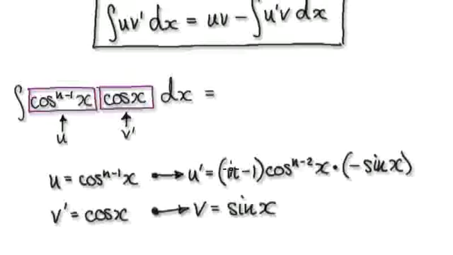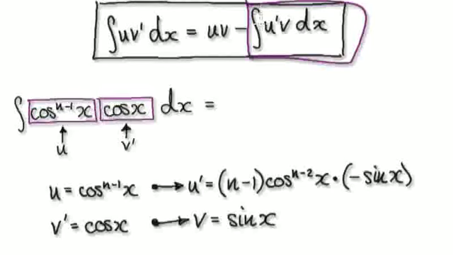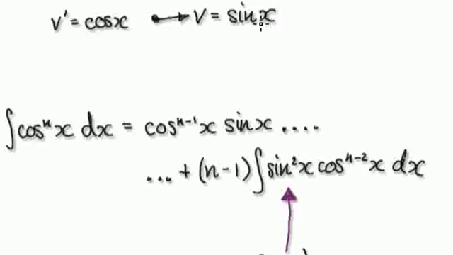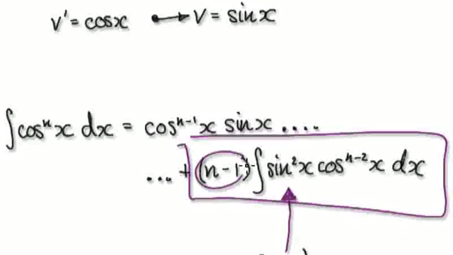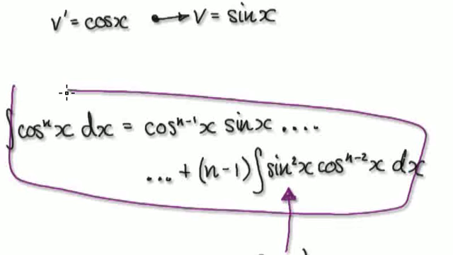If you substitute, looking at this whole thing here, it will become this. Don't forget earlier this was in here, so because n minus 1 is a constant, you can take it out. Overall it will be this whole thing here.